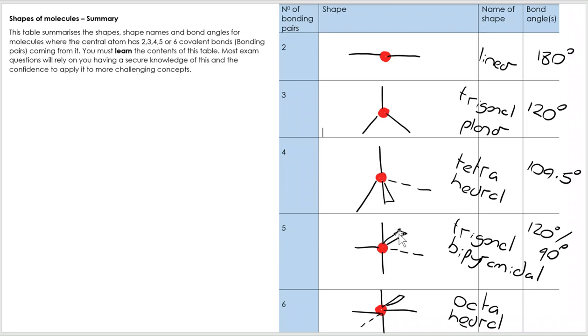We've got 120, and you can see that here, and we've got 90, which you can see here. And then finally, in the octahedral structure, we have got bond angles of 90 degrees. So this table, you have got to know every part of what is written down here. If you don't remember it, you're not going to be able to apply it to the questions you're likely to see in the exam.